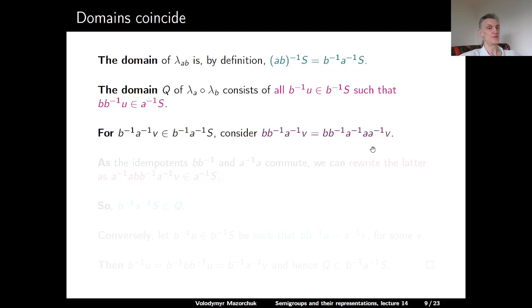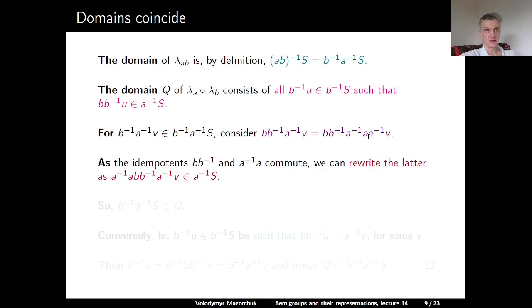So, if B inverse A inverse V belongs to B inverse A inverse S, then we can consider B inverse A inverse V, and this is equal to B inverse A inverse A A inverse V. Now here we have two idempotents, B inverse B and A inverse A, and in any inverse semigroup, idempotents commute.